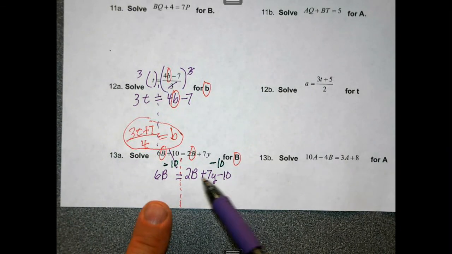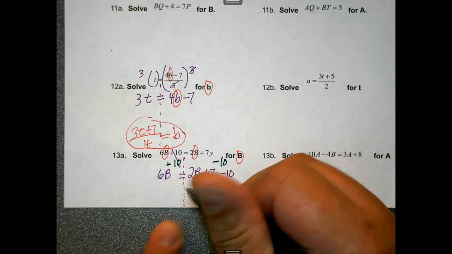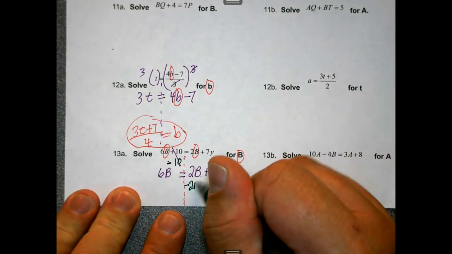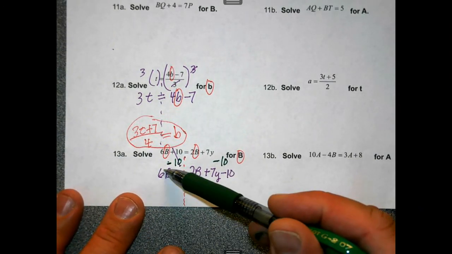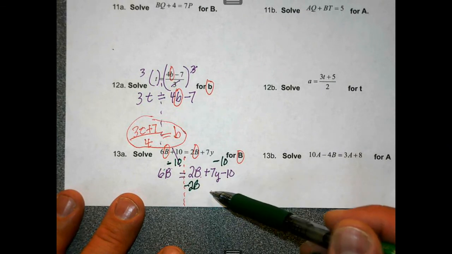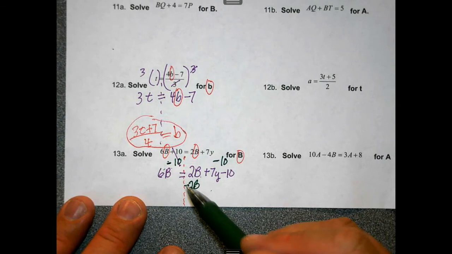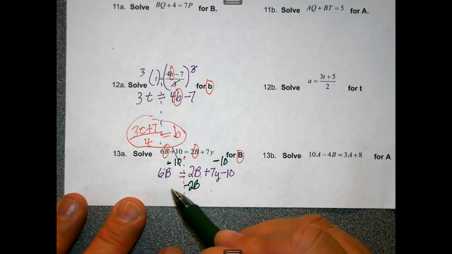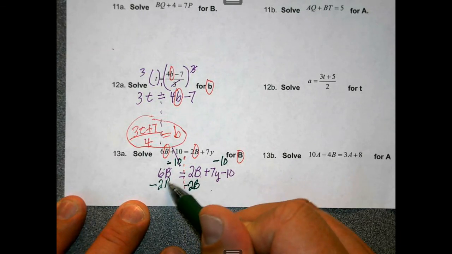And I want to get the b's on one side, so I'm going to subtract 2b. 6b and 2b are like terms, aren't they? Yes, they are. So it would be 4b. So I'm going to subtract 2b from 6b.